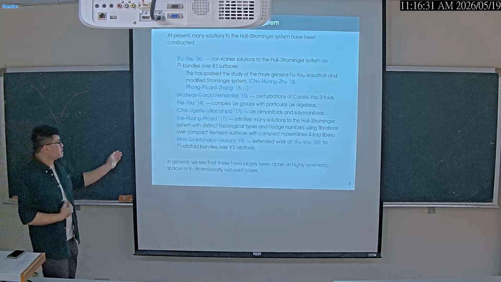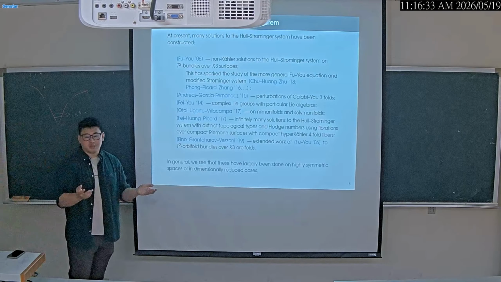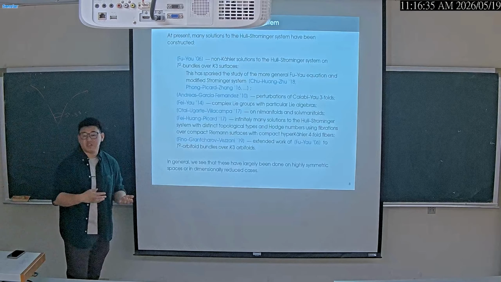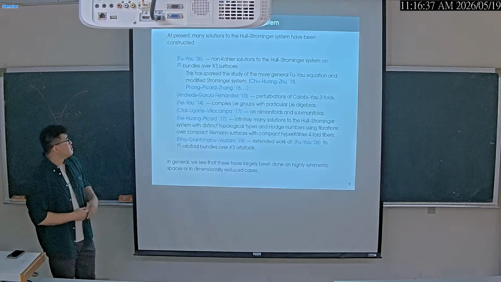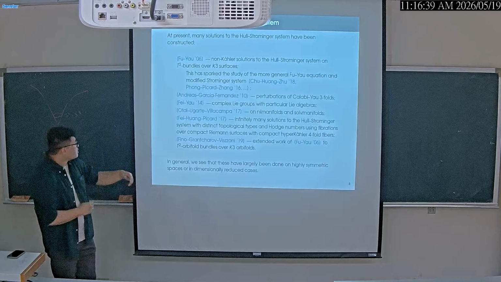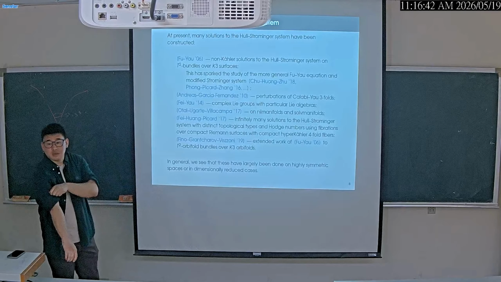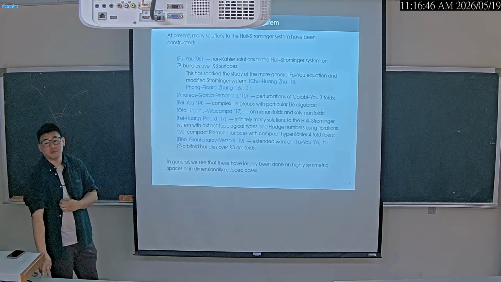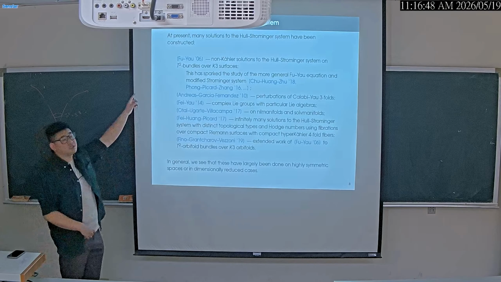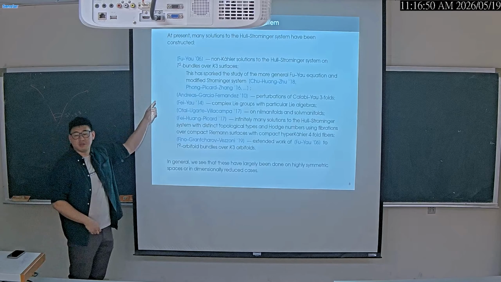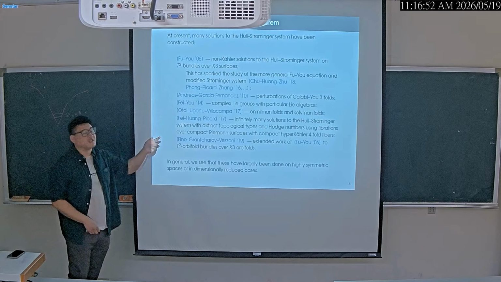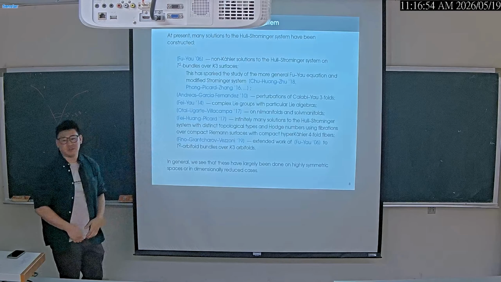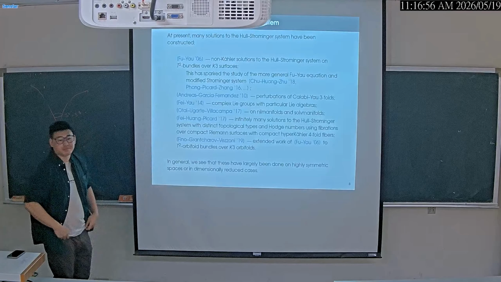But in general, you can see that these have largely been done in some highly symmetric cases or some dimensionally reduced ones. Right? Yeah. But your bundle in the equation, the capital E, is a vector bundle, right? Yeah. Now it's T2 bundles. No, this is the base manifold. So the base manifold is 6-dimensional. I see. Yeah, makes sense.